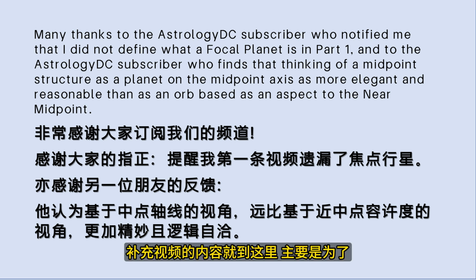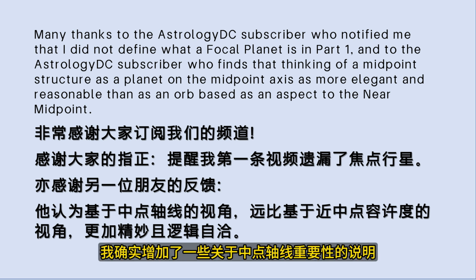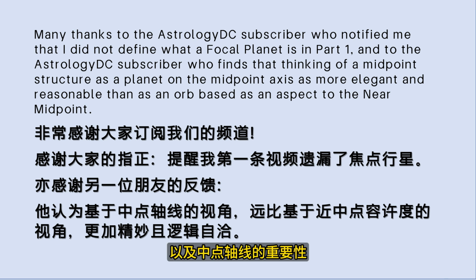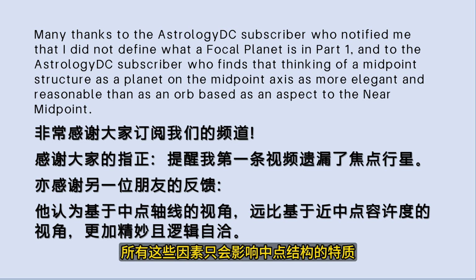All right, so that's what I wanted to cover, just to clarify a few points that maybe were not clear. And I did add a clarification about the importance of the midpoint axis and thinking about the midpoint axis, two opposite ends of a pole that act differently. The opposition pole acts more oppositional, and also this polarity of the midpoint axis, the qualities of it are going to depend on how far apart the surrounding planets are from each other.